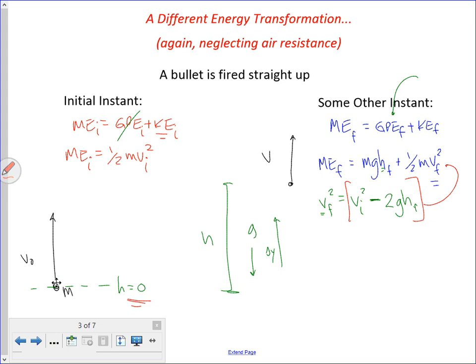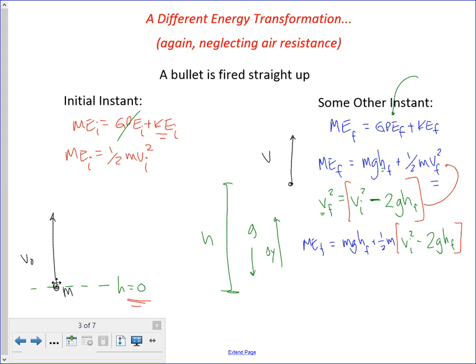And we get that the final mechanical energy is mgh final plus 1/2 m, times v initial squared minus 2gh final.